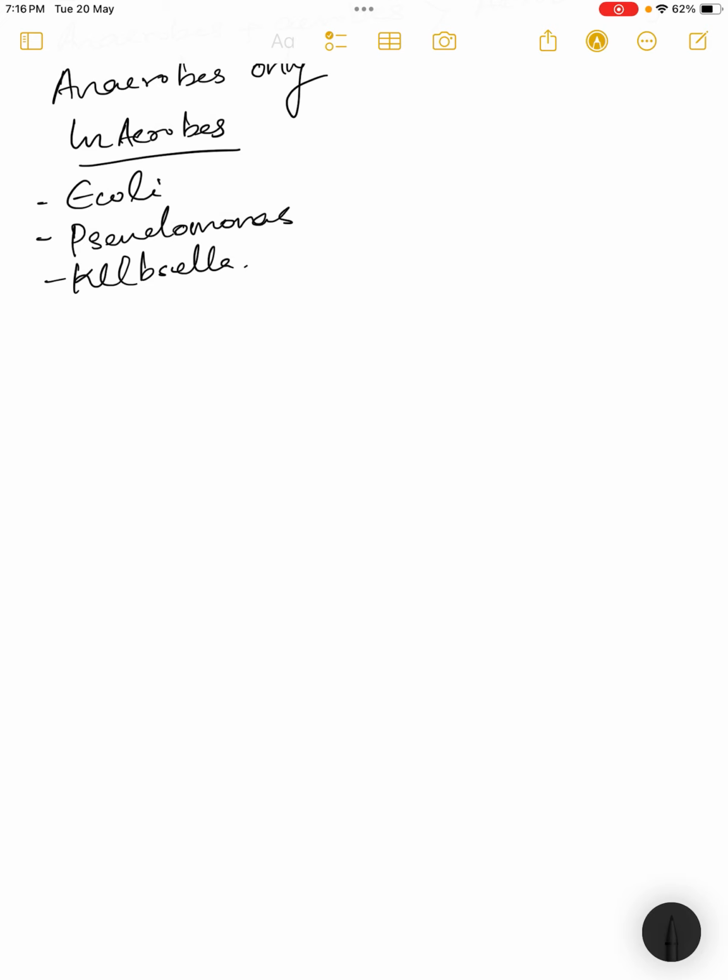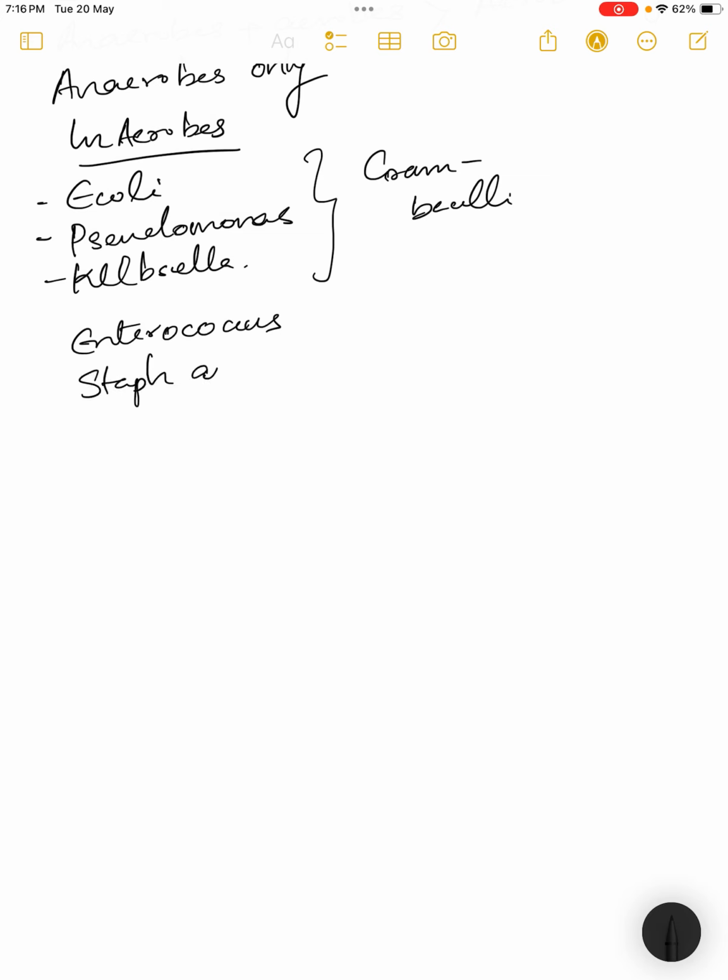These are the common gram negative bacilli causing intra-abdominal infections. Then comes enterococcus, Staph aureus, and the gram positive bacteria. These are the usual gram positive bacteria affecting intra-abdominal infections.